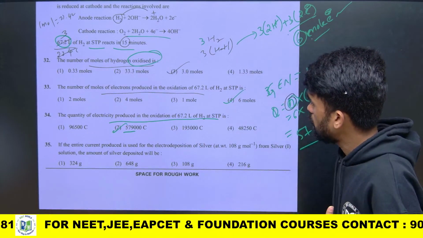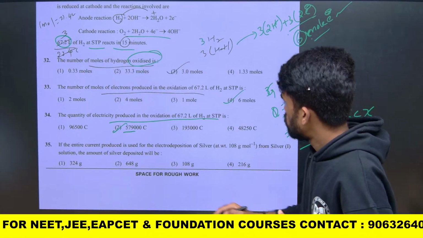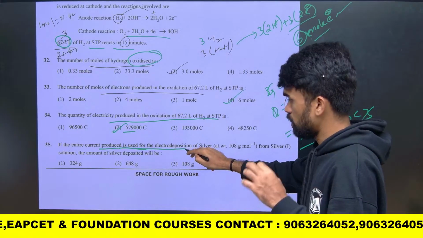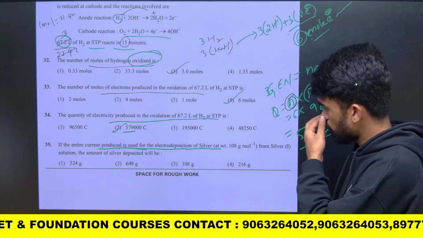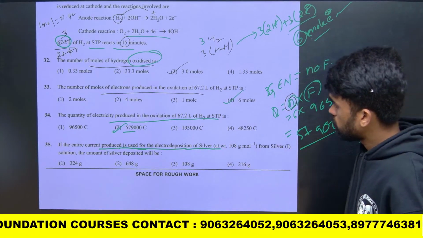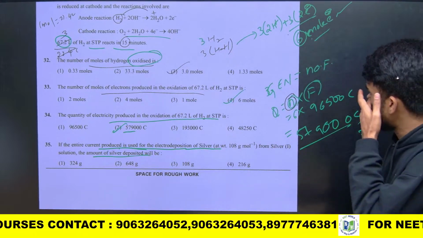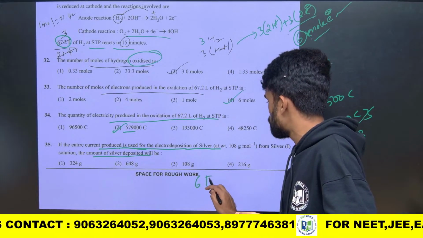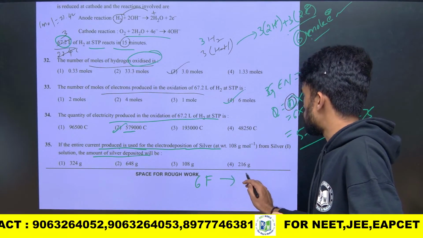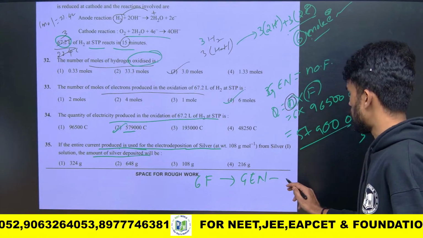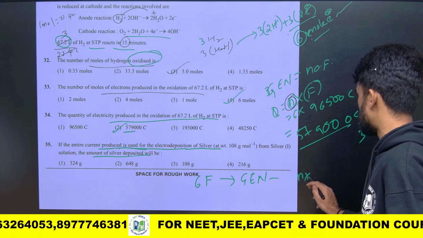Okay, if the entire current produced is passed through and used for electrodeposition of silver from silver solution, what is the amount of silver deposited? So how many Faradays have we used? 6 Faradays are used now. So it means 6 gram equivalents, that is n into n-factor gram equivalents.